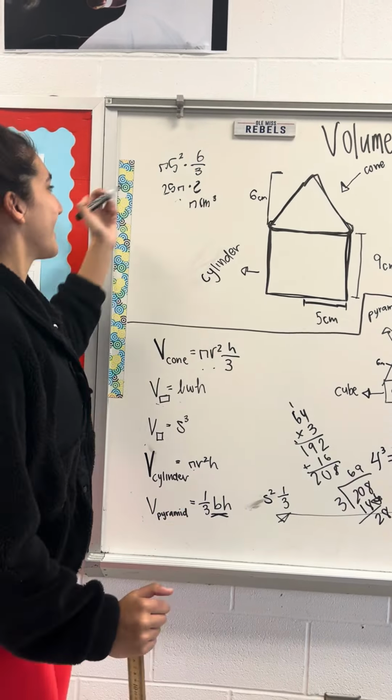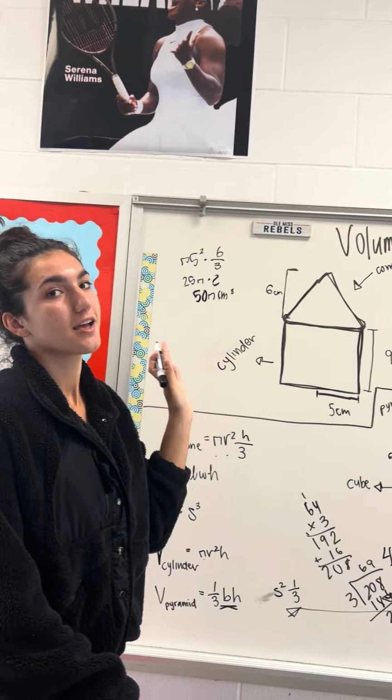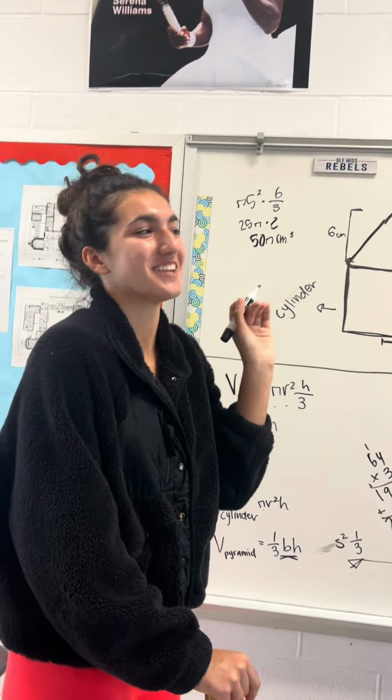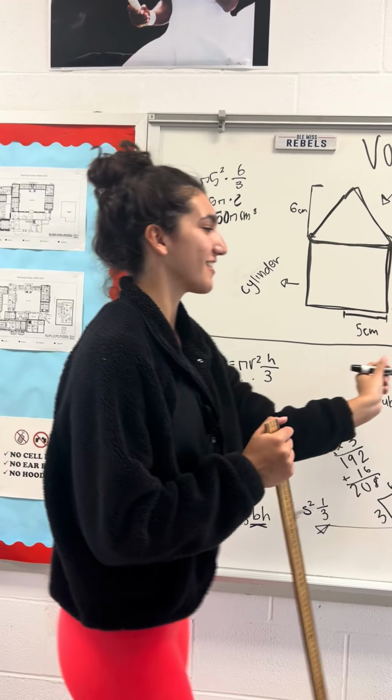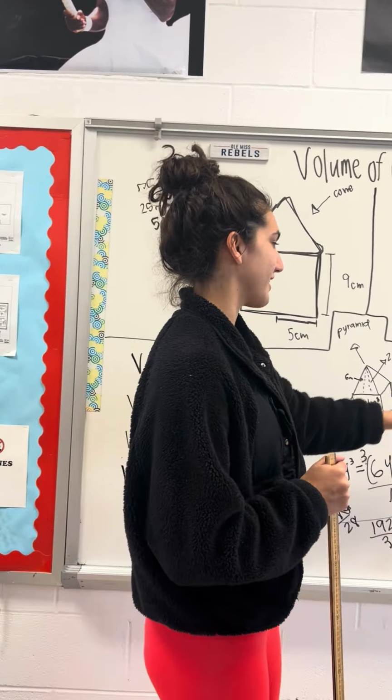So we get 50 pi centimeters cubed. And by the way, I messed up over here. This is supposed to be meters, not inches, so disregard all the inches down there. So that is the volume of our cone.